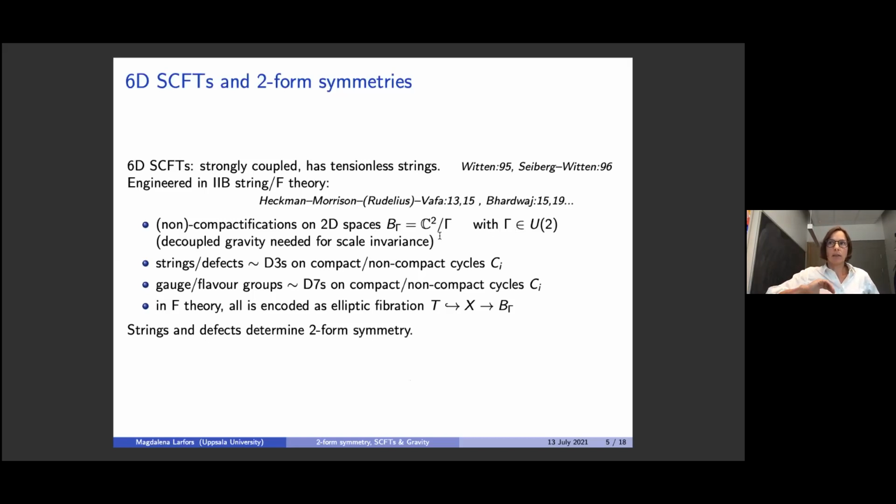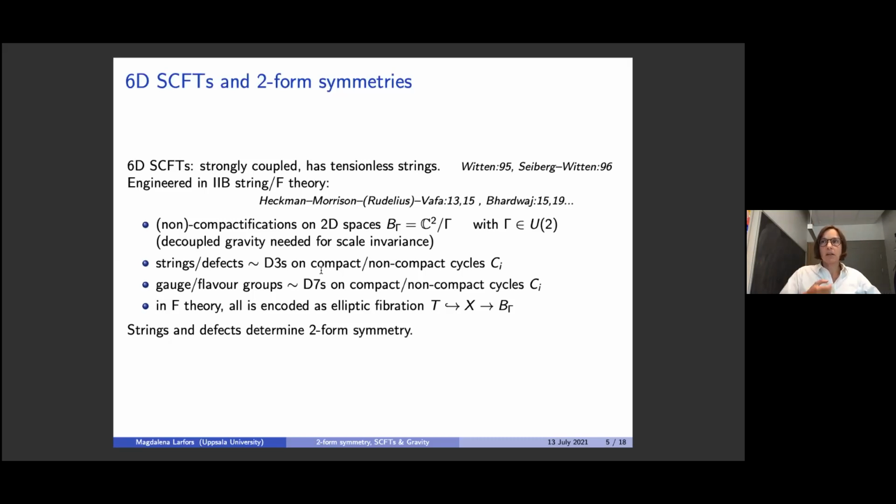Now, if we look at the compact cycles, two-dimensional submanifolds of this, so one complex dimensional, two real dimensional cycles in this space, we can wrap D3 branes in the type IIB string on this, and that will leave us with a string in 6 dimensions, a one-dimensional object in 6 dimensions, or 1+1 dimensions.